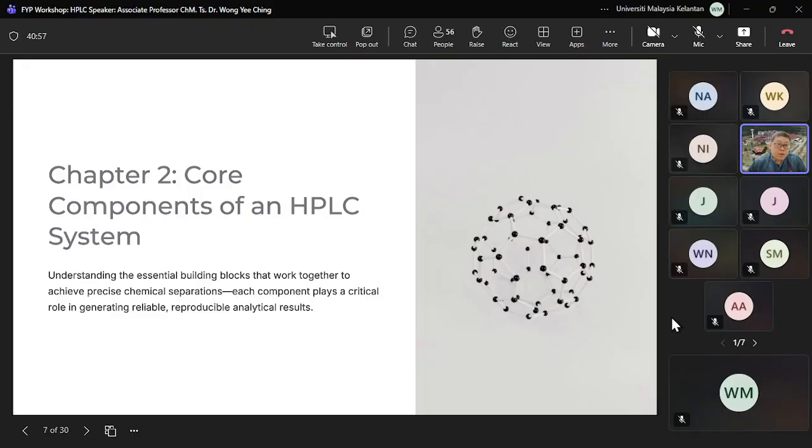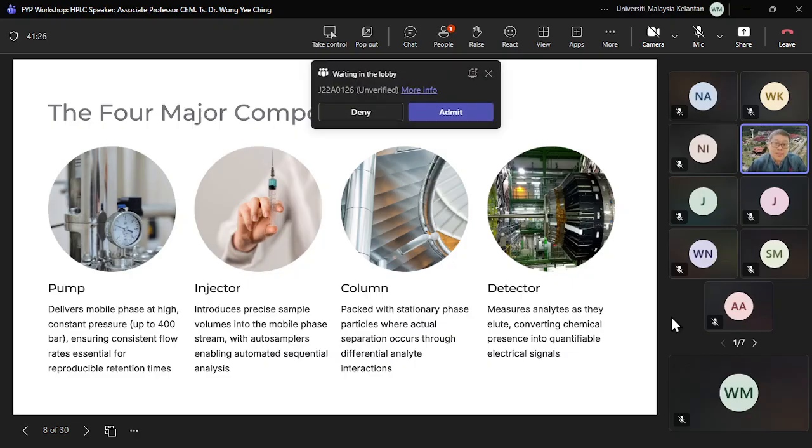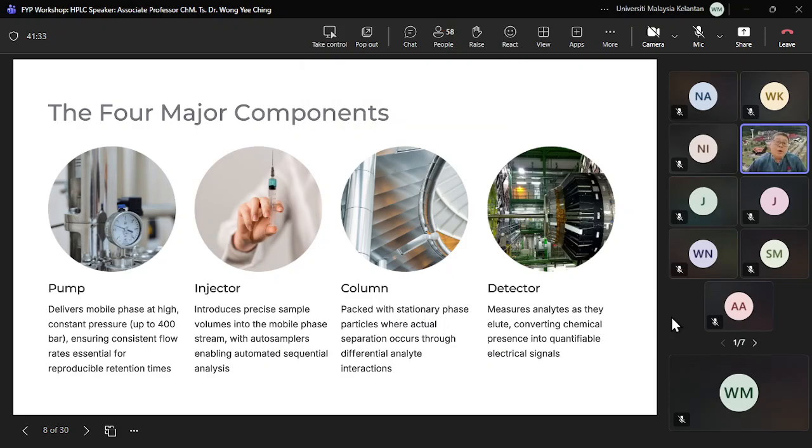So move on to the core components of an HPLC system. You heard about HPLC, but what does the system look like? I will break the system down into four major components. You have a pump, an injector to inject your samples, a column to separate each and every one of your compounds, and a detector to detect whatever elutes out, so that you can quantify.